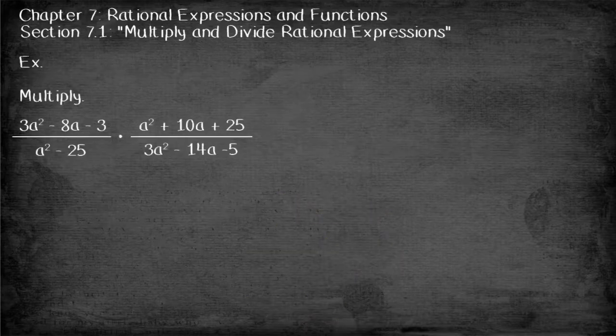All right, let's try again. So this time, what I'm going to do is factor everything completely before multiplying. I've got some pesky polynomials that don't have a coefficient of 1 on the a squared, so those are a little bit more labor intensive.